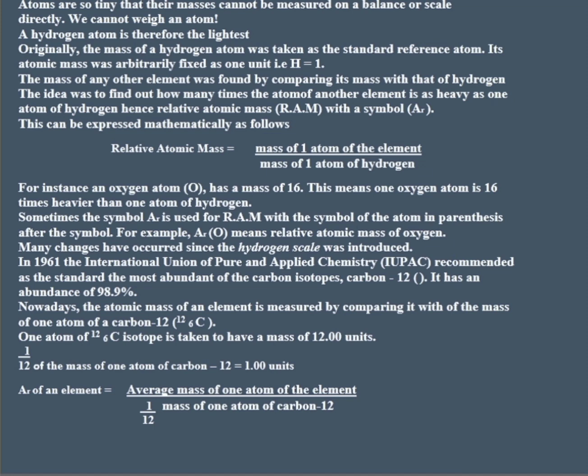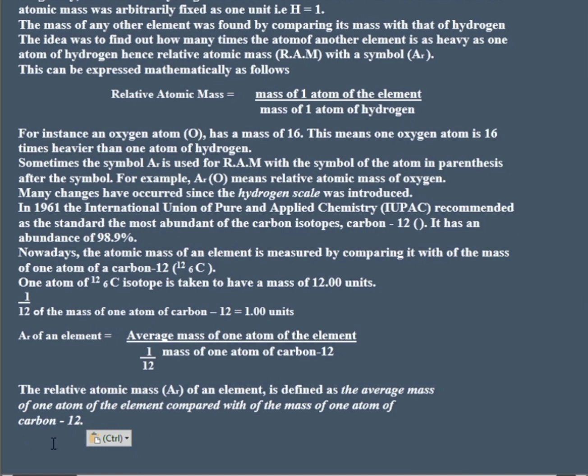The relative atomic mass of an element is defined as the average mass of one atom of the element compared with 1/12 of the mass of one atom of carbon 12.